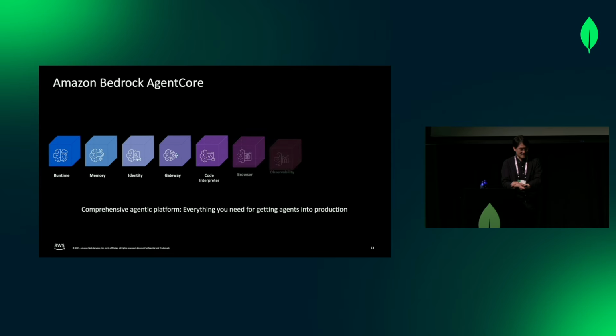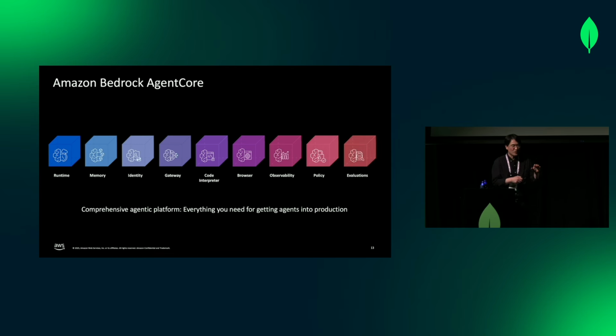All right. So I briefly touched on runtime, just one component. If you look at Agent Core, it's composable services that you need to start building your agent, anywhere from memory, identity services, to gateway. Gateway, you can think of it as an MCP proxy. So you can bring in a Lambda function, your own API, and turn it into an MCP server.